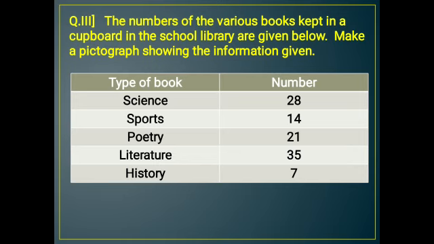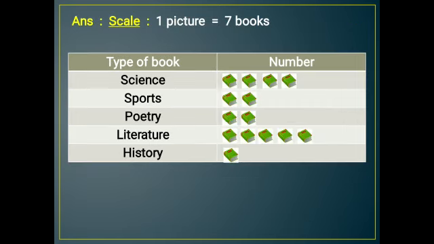I told you one trick, that we have to see the smallest number. Which is the smallest number here? 7. So all the numbers go in 7's table. So we can write one picture is equal to 7 books.